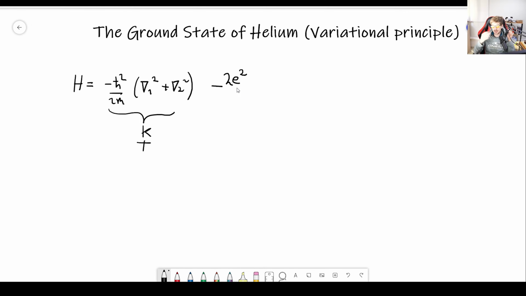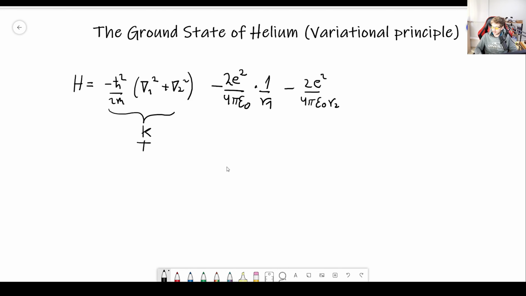So we get 2e times e, and this is of course divided by 4 pi epsilon 0 and then times 1 over r. This is for one of the electrons, so let's label this r1. And the exact same thing is going to be true for the other electron, except it's going to be 4 pi epsilon 0 over r2.